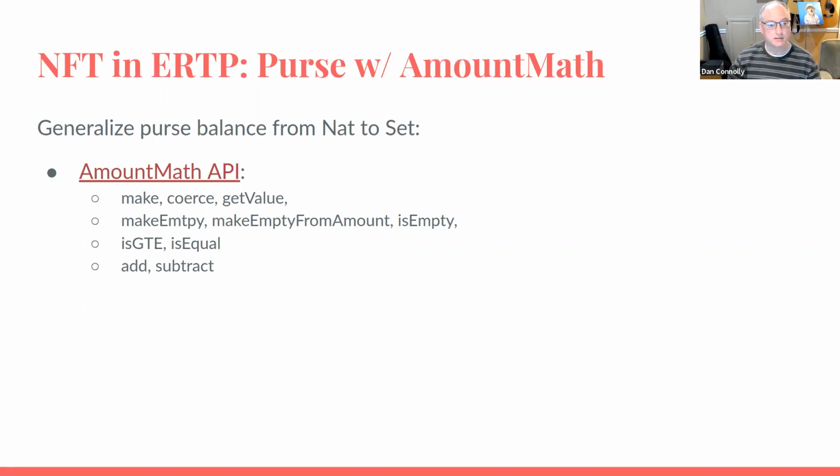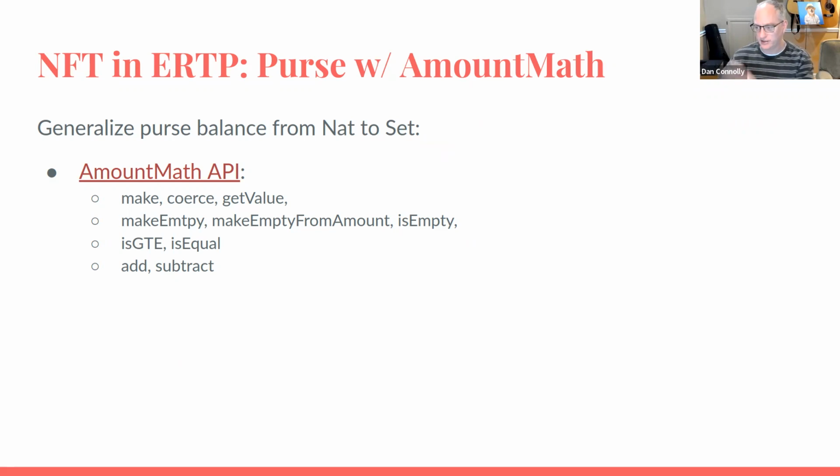Non-fungible tokens in ERTP: purse with amount math. In the RChain version of the mint, the balance is just a number. But if you generalize from a number to a set, then you can use it for non-fungible tokens. So you can have a set containing a sword and a shield and a blue hat, and I'll trade you a sword and a shield for $5.